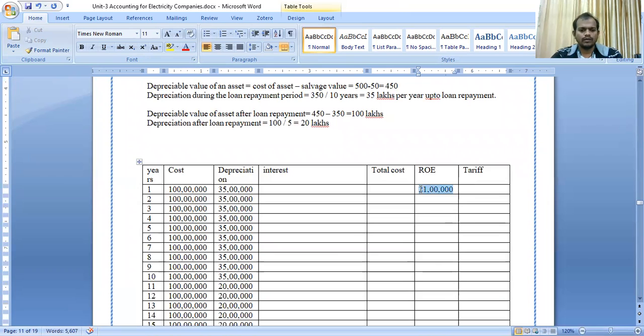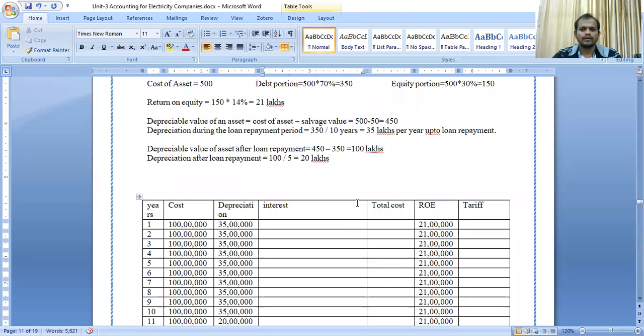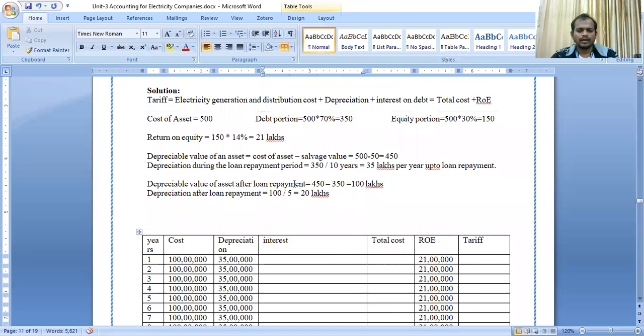So every year it is 21 lakhs. So finally, we have to calculate the interest, total cost and tariff. So after calculating the interest, we'll get the total cost. And then we have to add the return to the total cost. Then we'll get the tariff.